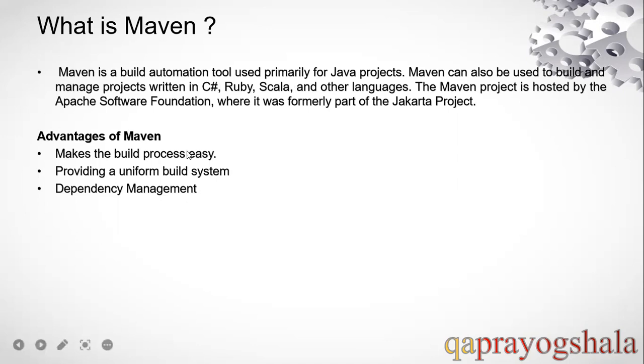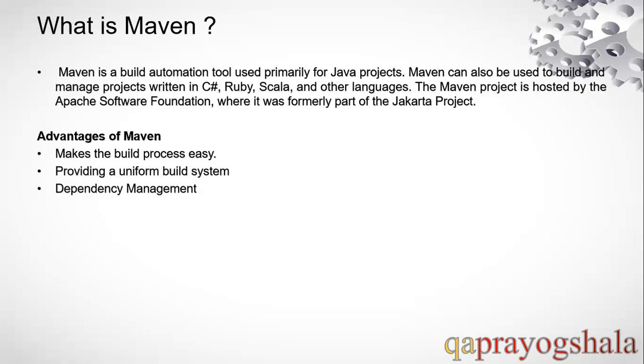There are certain advantages of Maven. The very first advantage being it makes the build process easy. How it makes the build process easy, we'll see in the subsequent sessions, so you'll understand exactly how it can make our build process easy.